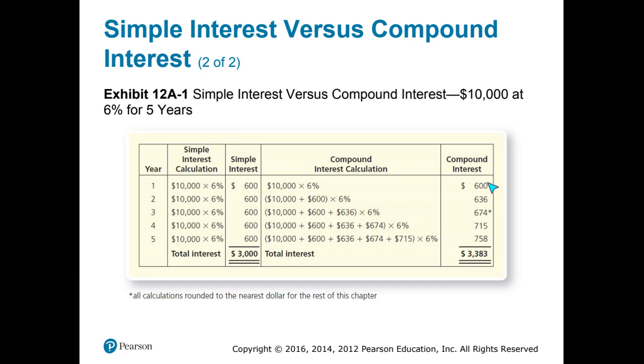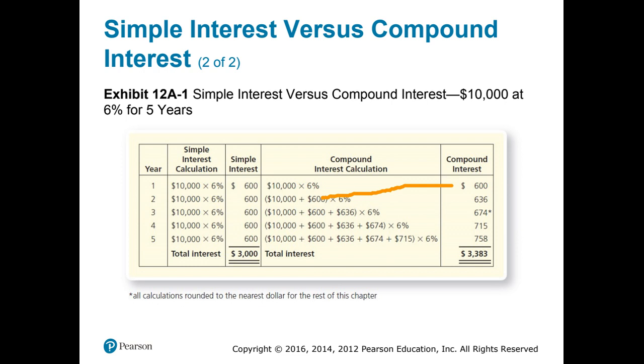Then the next year rolls around. So we're going to take the 10,000 plus the 6, times 6%. And that gives us 636.